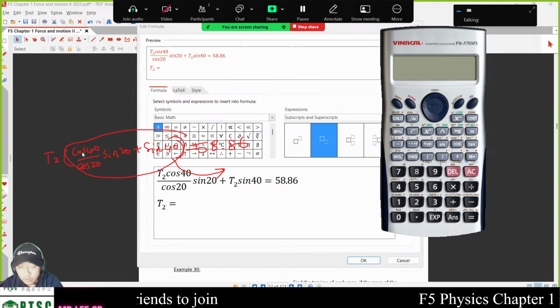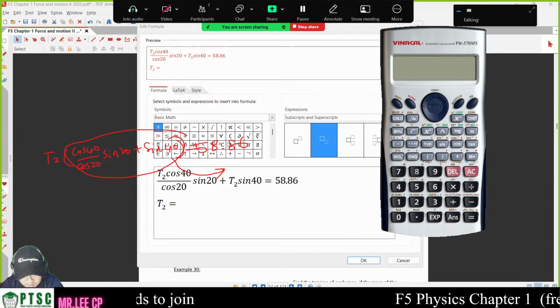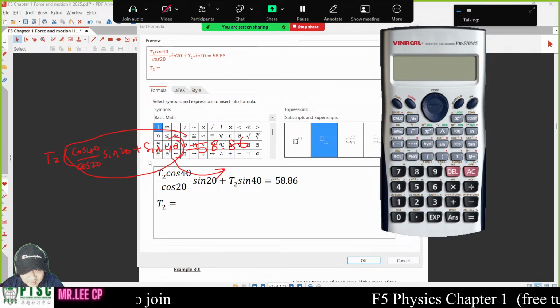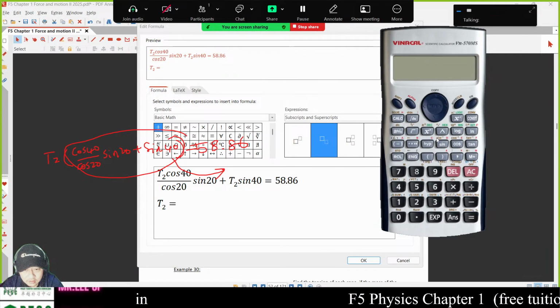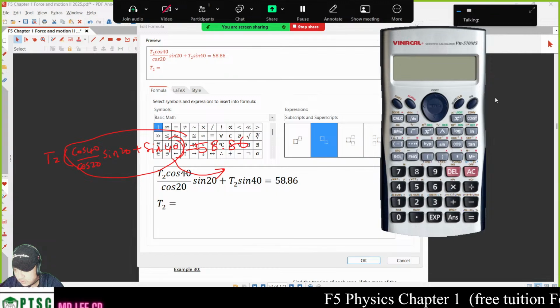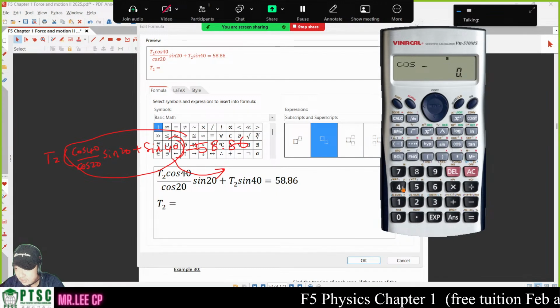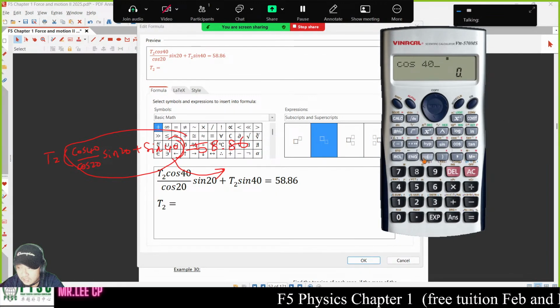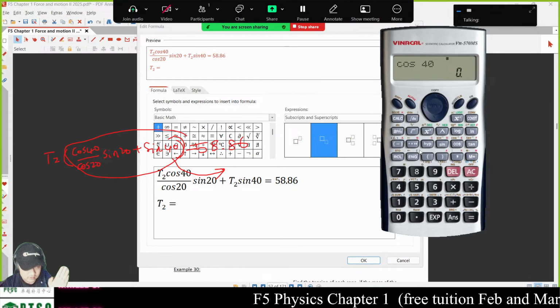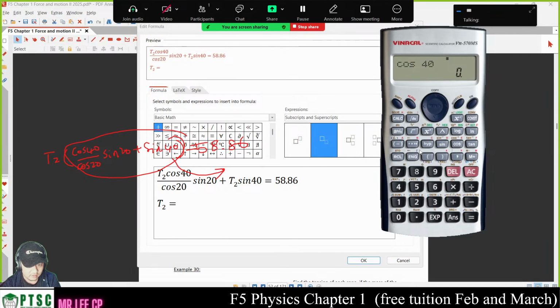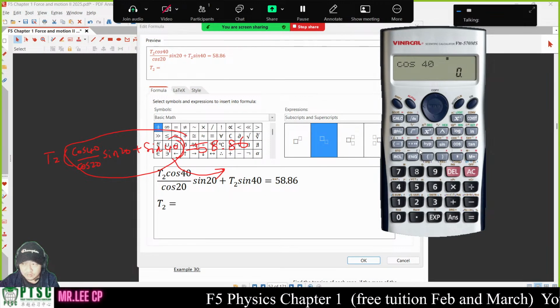I will advise you to press this one first. Don't press 58.86 divided by this one. So cos 40. Some of your calculators need to press cos 40 and then close bracket some more, right? So you check properly your calculator. Some of your calculators you need to close bracket.